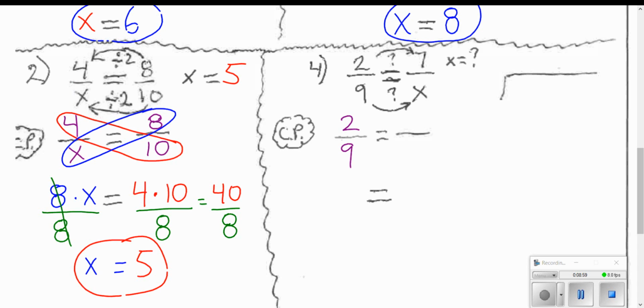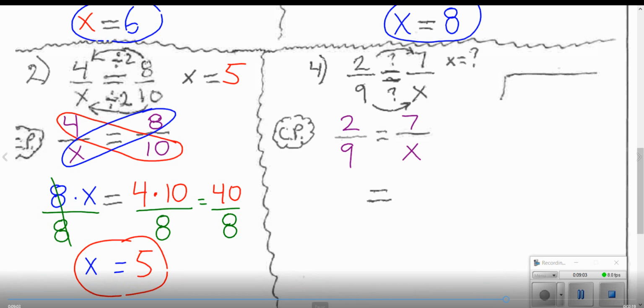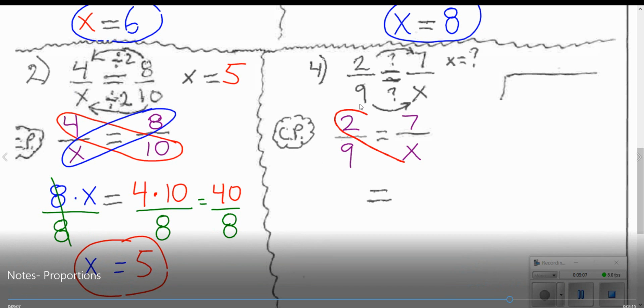Okay, last one. Now I'm pausing for a second, but notice that we can't go from 2 to 7. I don't know what I would multiply to get from 2 to 7, so I'm not going to be able to figure this out. I don't know how much to enlarge it by.